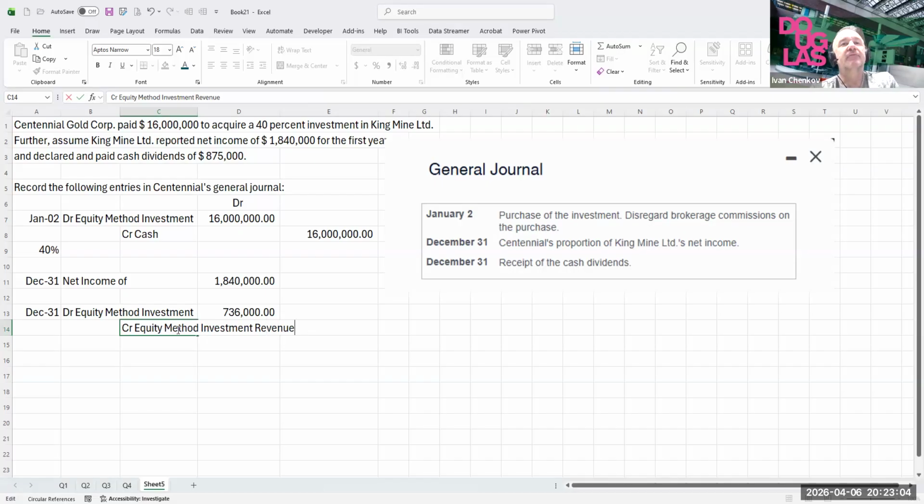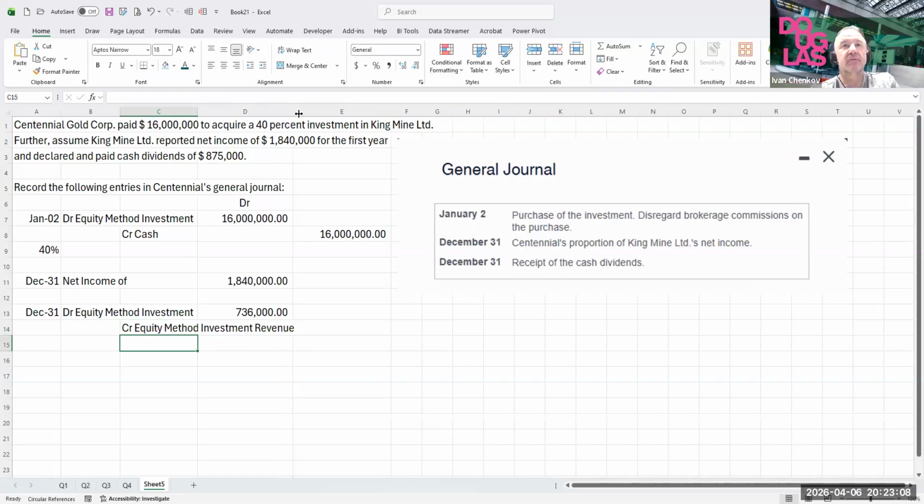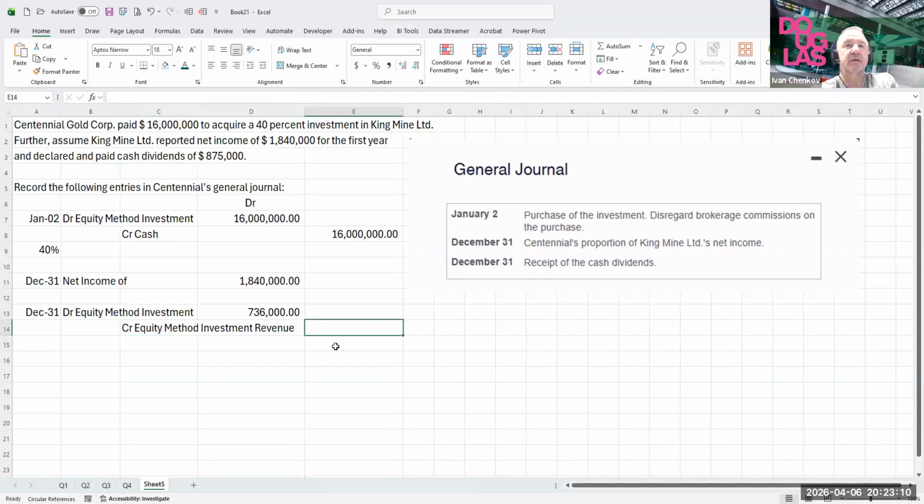You don't have to make guesses here, because the wrong option will not be available to you. You have to choose the right account, and that seems to be the right account. Why? Because you're going to have a drop-down menu which gives you options. So you're going to debit equity method investment, so your investment goes up. Now you have a revenue, because their net income becomes your net income.